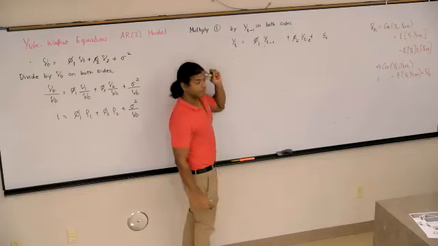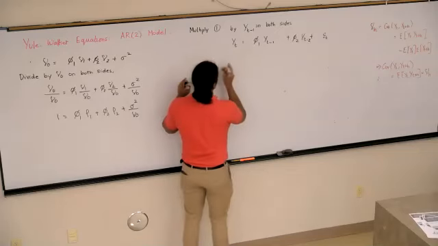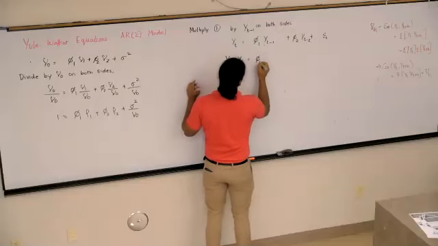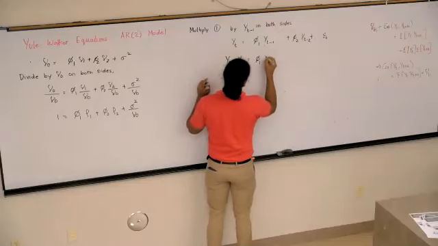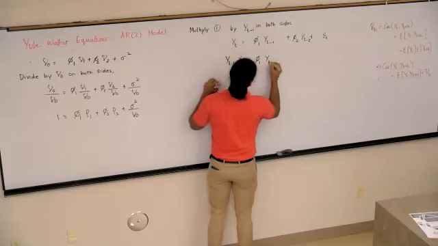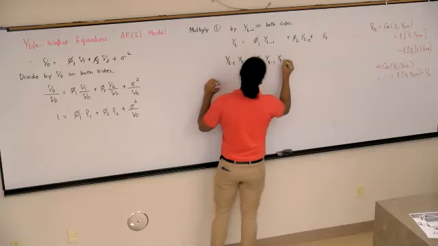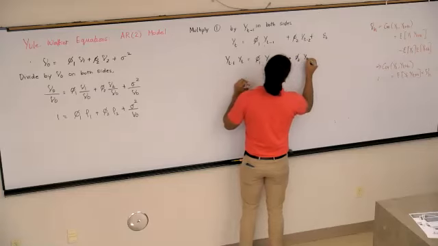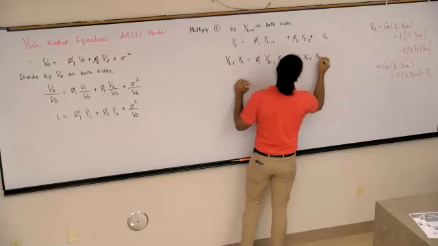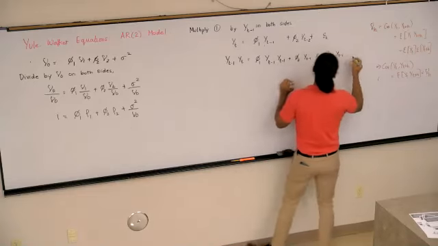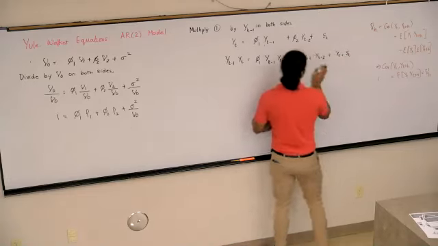Multiply both sides by yt minus 1. So yt minus 1 yt equals phi1 yt minus 1 times yt minus 1, plus phi2 yt minus 1 times yt minus 2, plus yt minus 1 times epsilon t.